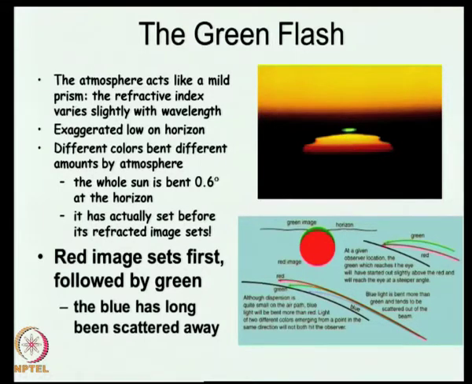And this is happening because the refractive index varies with wavelength that we already saw, and when you go to a very low position on the horizon, the depth over which the refraction is occurring is very large. So, the whole sun is bent by an angle of 0.6 degrees.